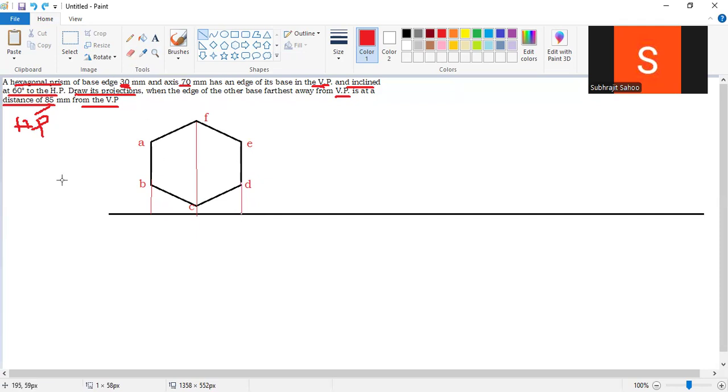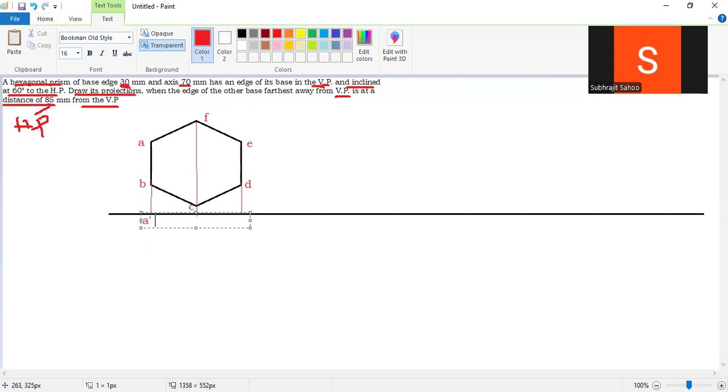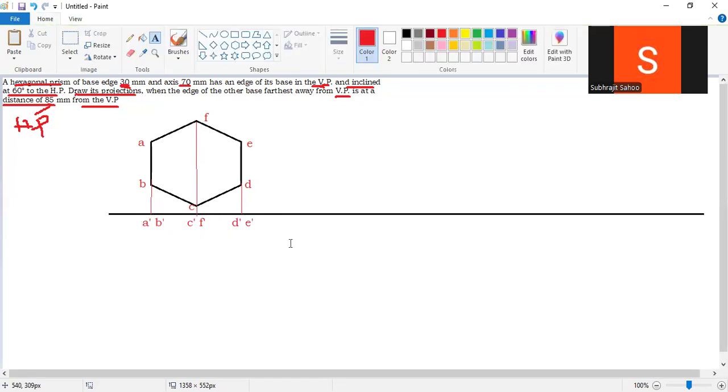So name them immediately: a dash, b dash, c dash, d dash, sorry, f dash. Like this mistake also students are doing. Sequentially, they are giving the name without looking at what the point here is. CF, so c dash, f dash, d dash, e dash. So naming is over.